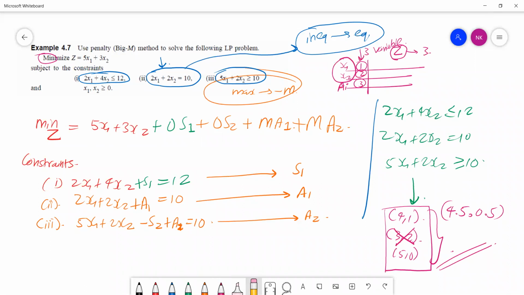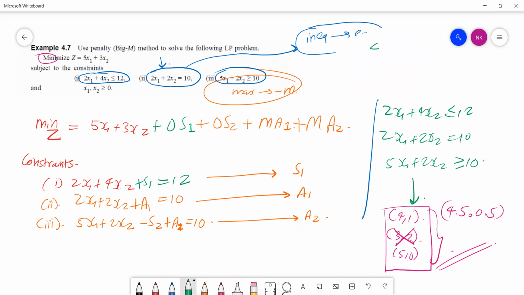But suppose, just assume that there is no limitation on the objective function. For example, your objective function has four basic variables, that is nothing but x1, x2, x3, x4. And the same thing, you are having three constraints.